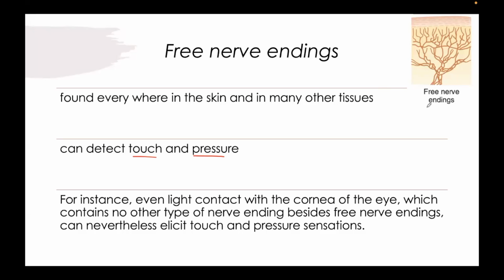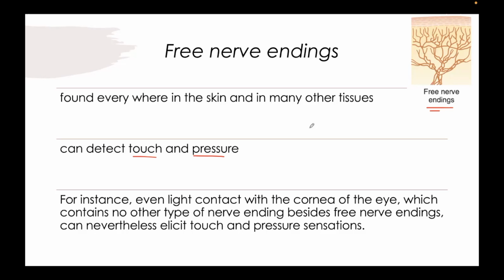Here's the photo from your textbook of how a free nerve ending looks. Now, question: where do you find more free nerve endings? Is it in the fingertips, the deltoid area, or the cubital fossa?